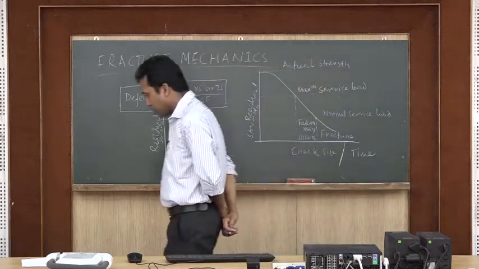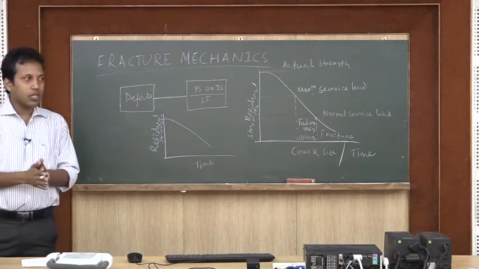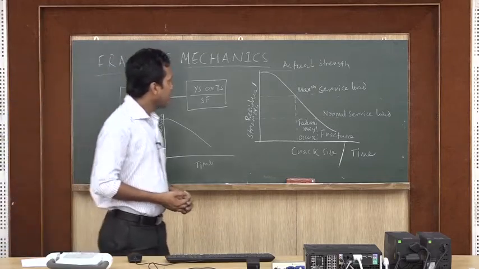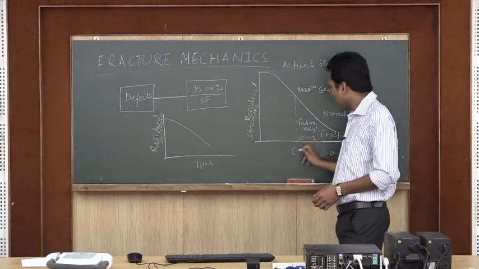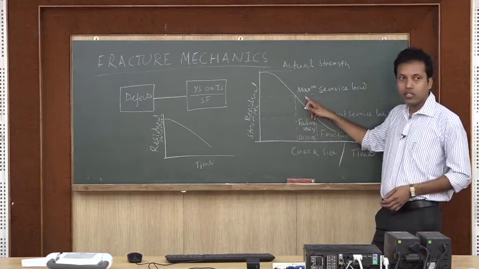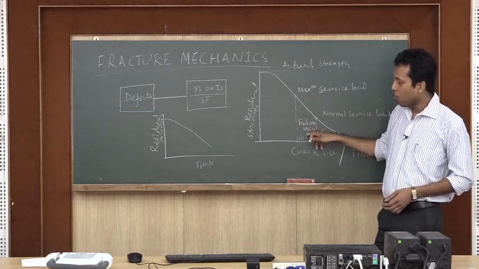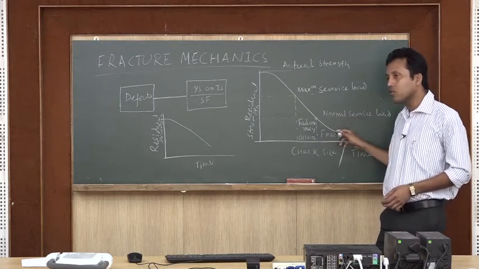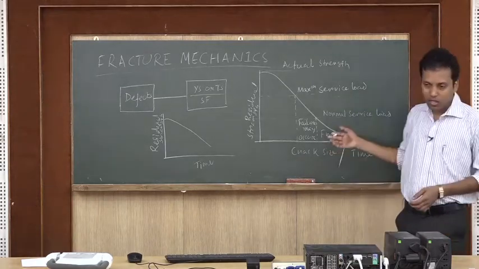So, if I have a residual strength graph like this, that means what? Now, with increasing crack length or time, at a particular instant it may occur in the structure that the crack length is such that if there is any accidental maximum service load, the failure may occur, or if the crack length increases further, then in normal service load the material will have a fracture. Okay, this is easy to visualize.